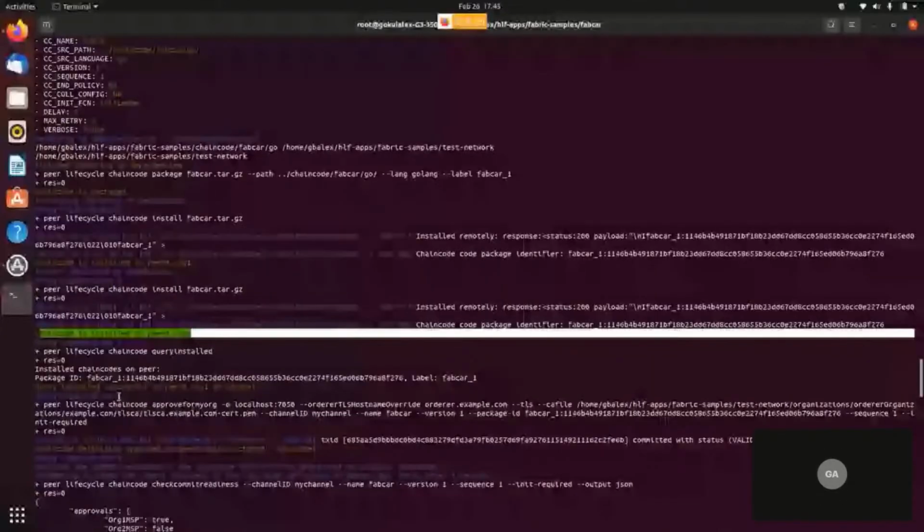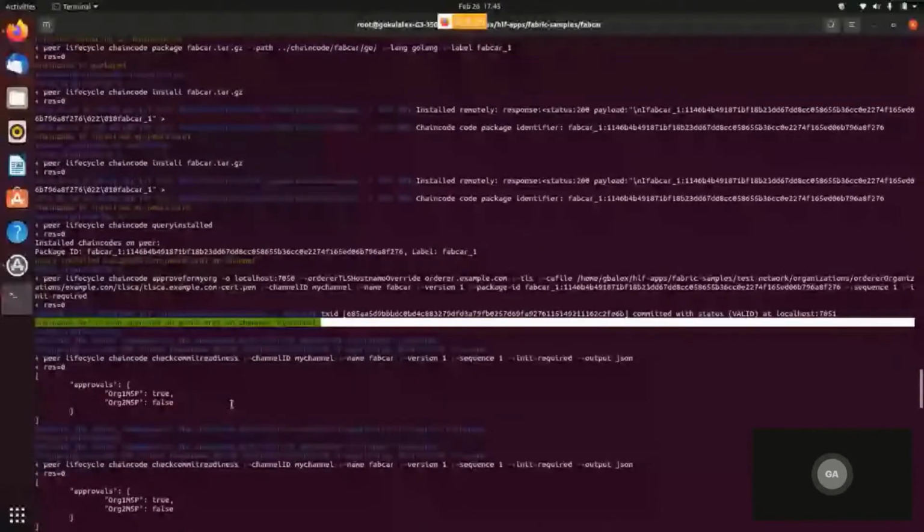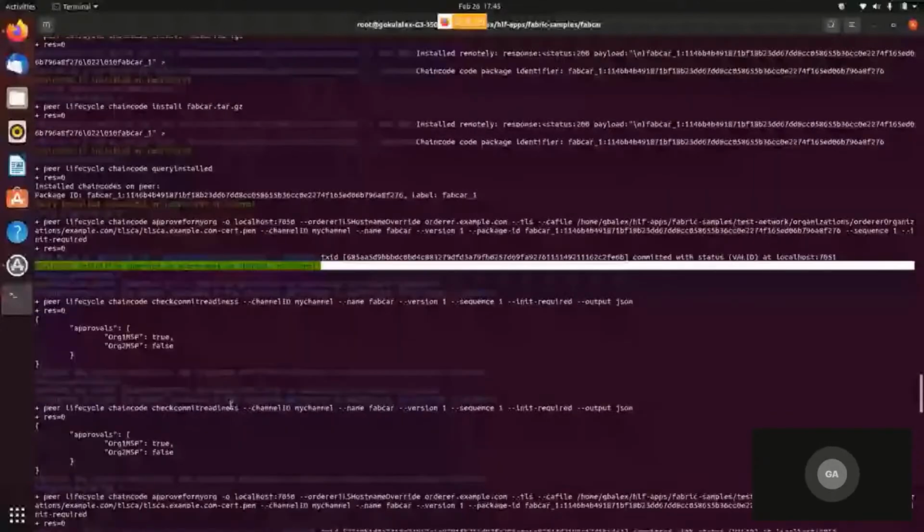Now after this, the chain code has to be approved on channels. So this approval process is a different approach than what you see in Ethereum. This gives further control of the smart contracts.